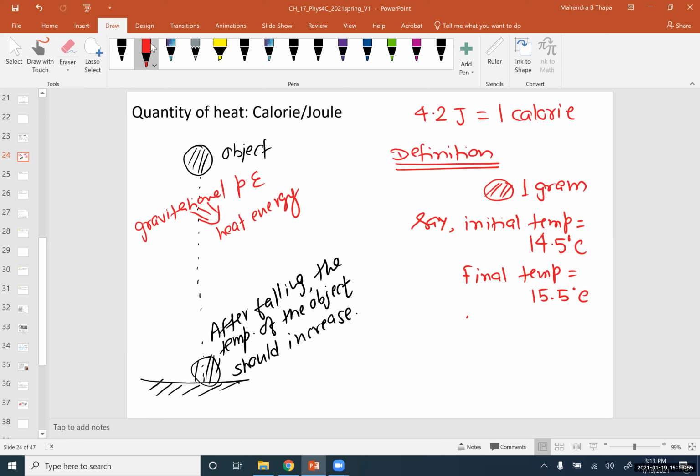You see that the change in temperature is 15.5 minus 14.5, so basically 1 degree Celsius. So in this scenario, mass is 1 gram and temperature change is 1 degree Celsius.